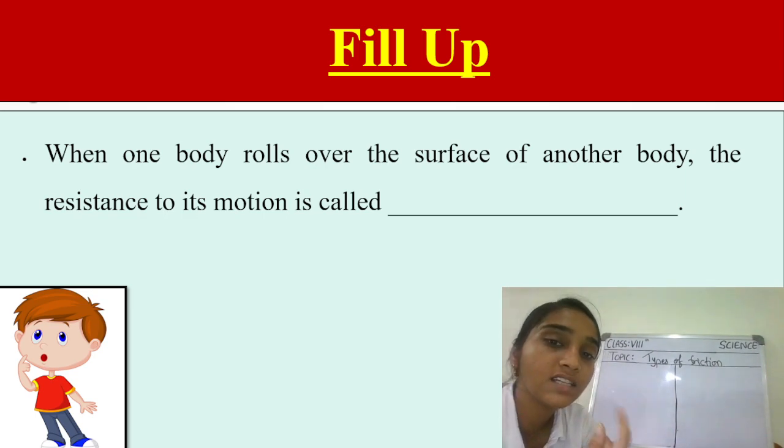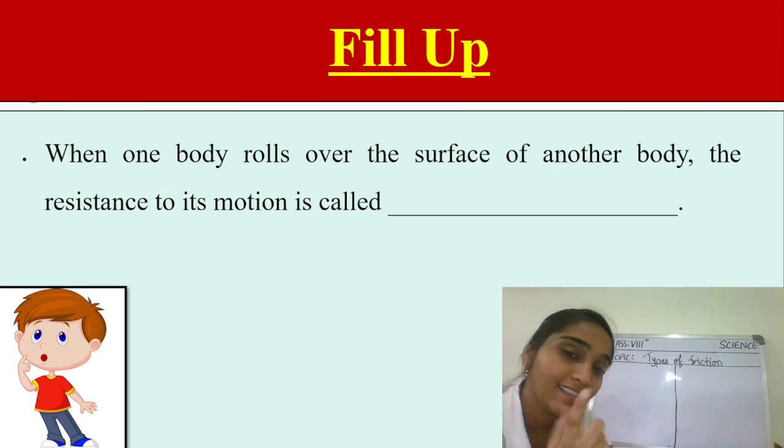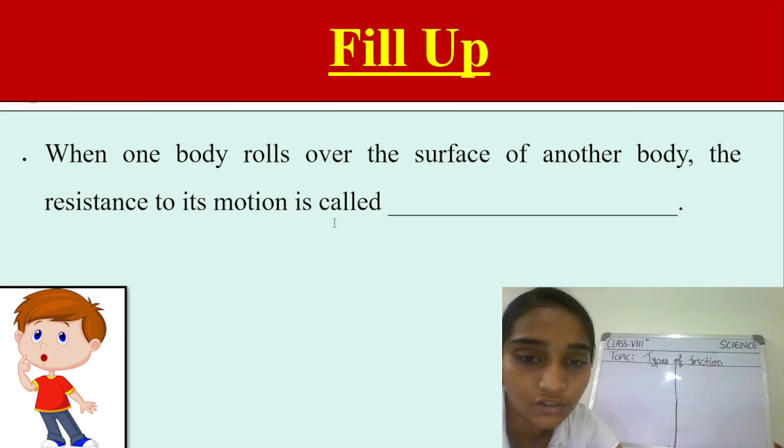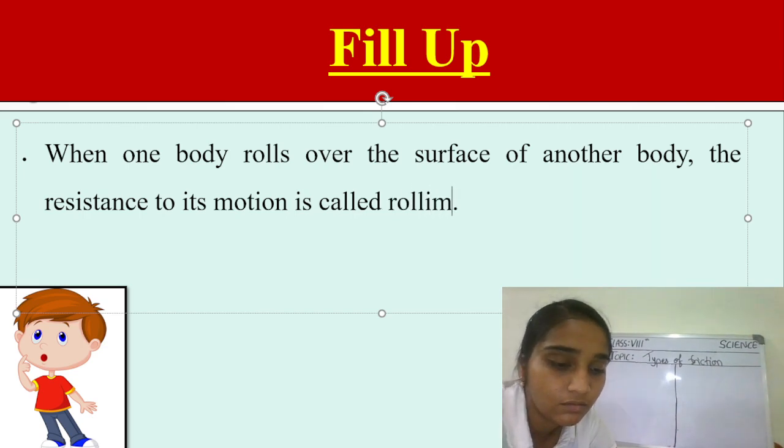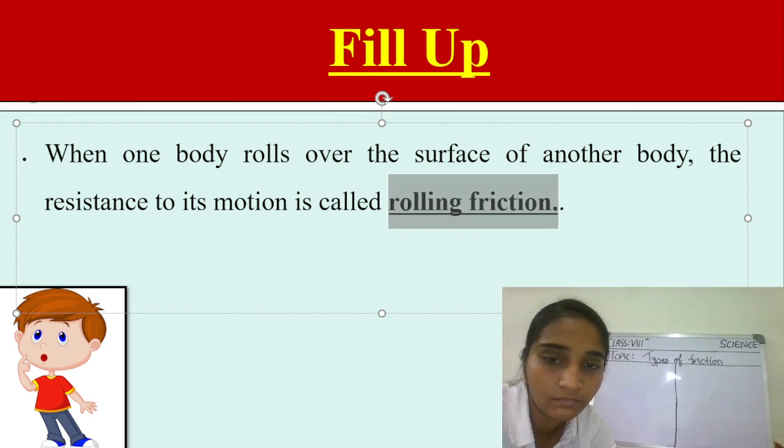So resistance is related to friction. And what is that rolling? Yes, related to rolling friction. So here what answer will come? Rolling friction. Very good. It will be rolling friction.